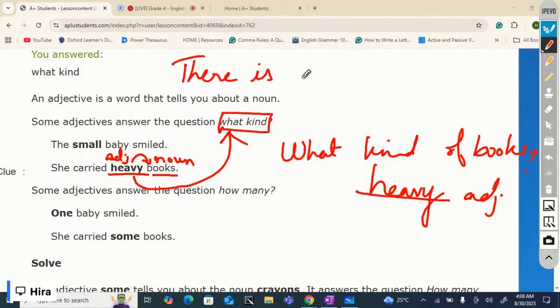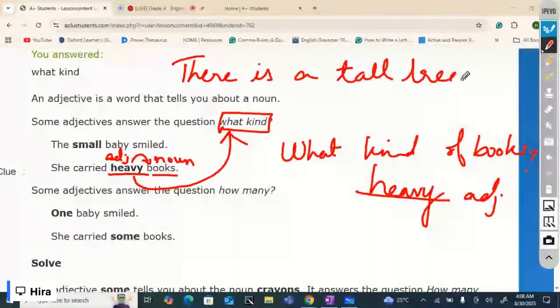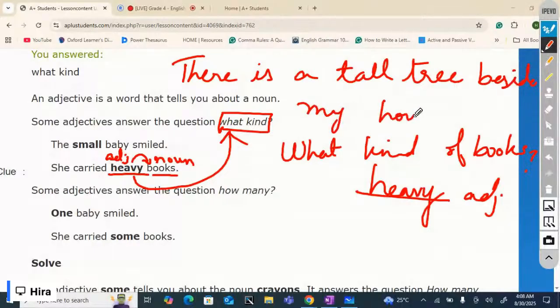There is a tall tree beside my house. Now, I ask you, what kind of tree is beside my house? Tall. It answers the question, what kind?